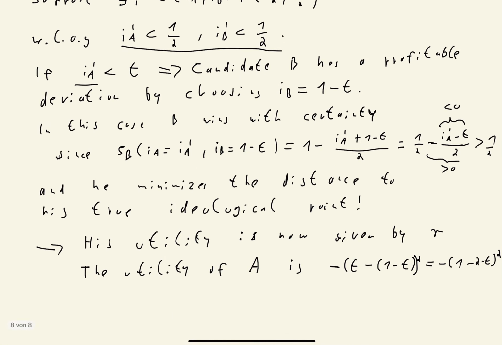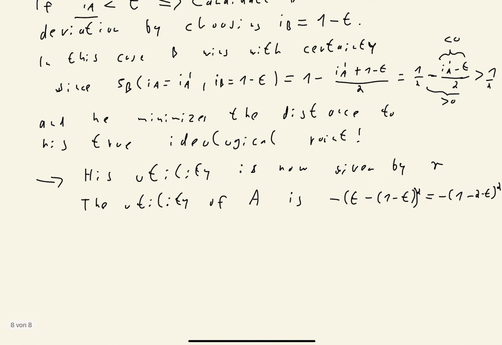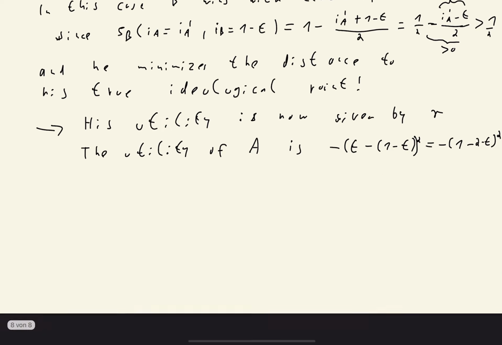Okay, so starting from the strategy profile here, where IA prime was smaller than t, I now showed you that candidate B had a profitable deviation. So now starting from this point where B deviated, I will show you that also A has an incentive to deviate.